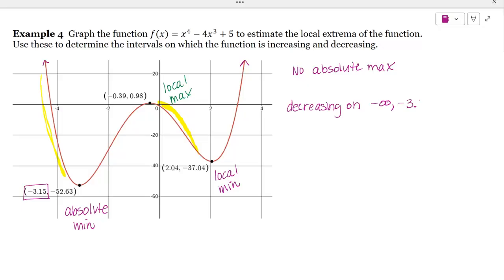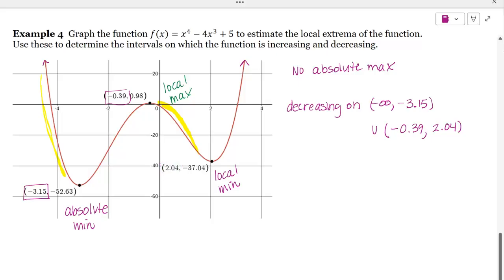Negative 3.15. And then also, I'm going to draw it down here, from the x value here is negative 0.39 to 2.04. Again, we grab the x values because those are the values that lead to parts of the graph that are decreasing.